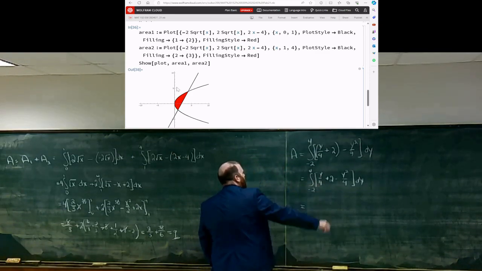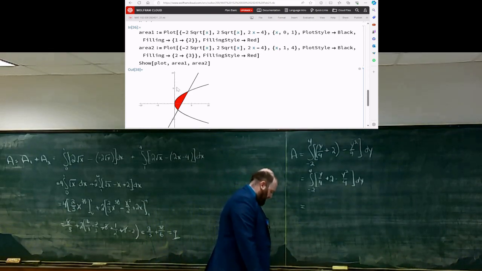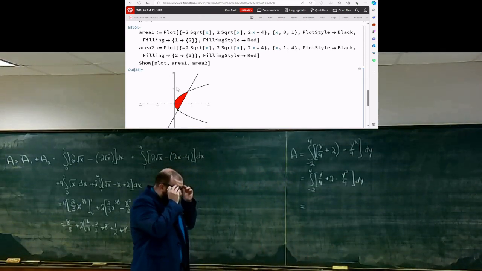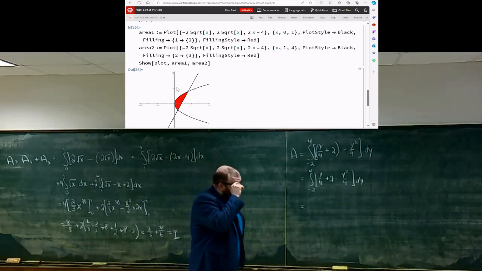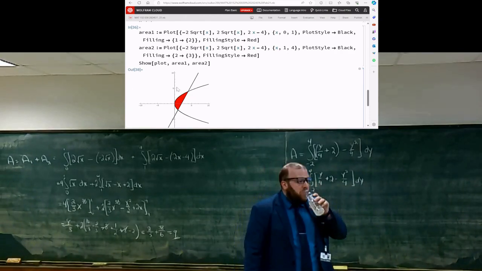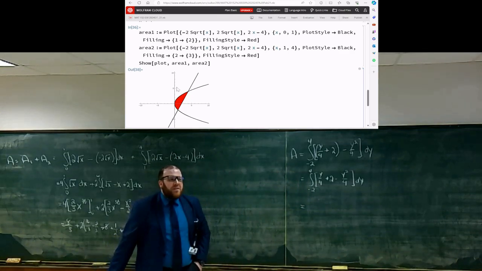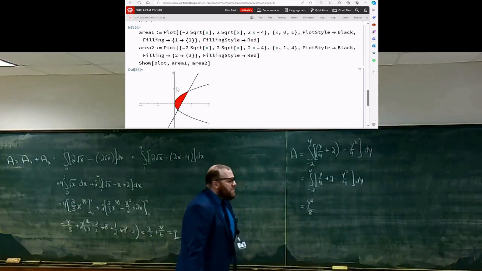What is the antiderivative of y over 4? Antiderivative of y over 4: y squared over 8.